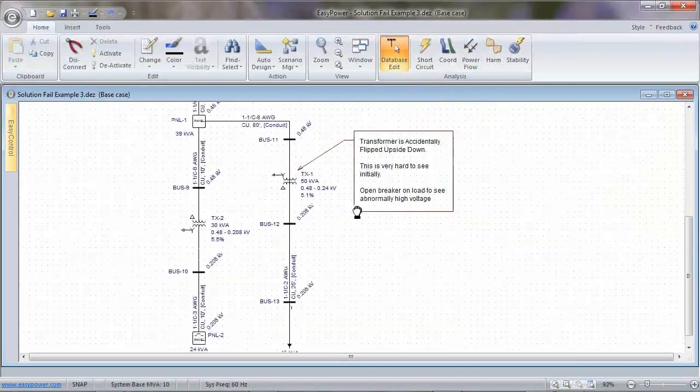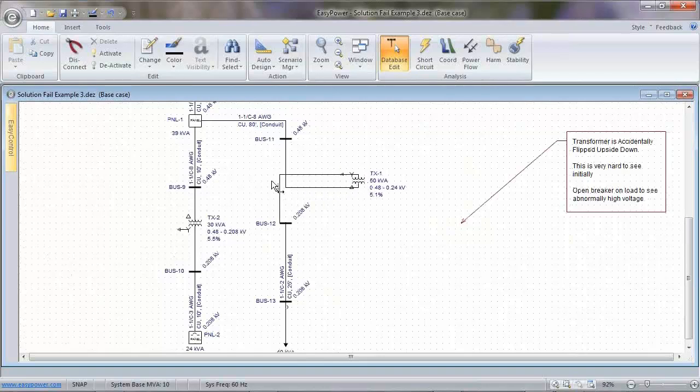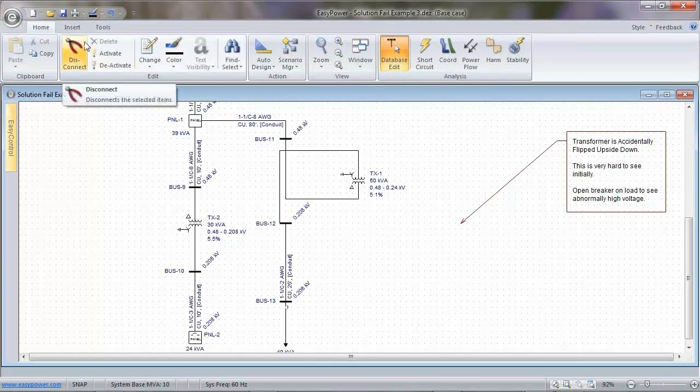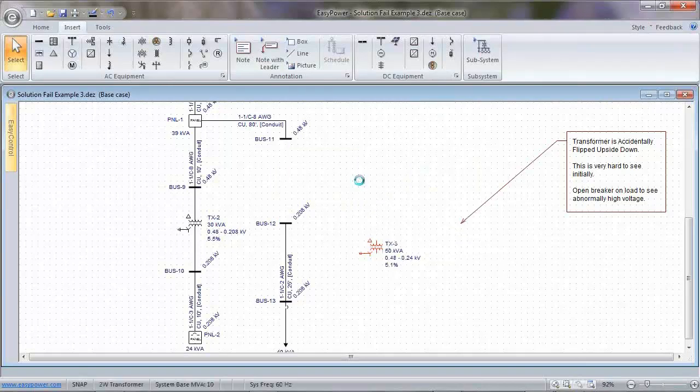So how would I fix that? Let's move this note. Now, if you look at this, it's really kind of a mess. To be honest with you, I don't know how to fix that and redraw it. What I would do is first insert a new transformer. I'd copy this into here, just copy paste.